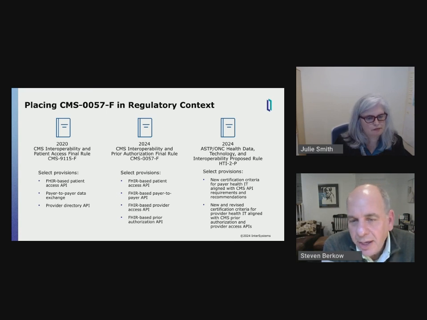I think what people have to keep in mind, though, is CMS and ASTP ONC are not done. They've clearly communicated they're going to continue to push on rules and regulations that promote healthcare's move to FHIR-based interoperability. And the one I call out here is HTI2.